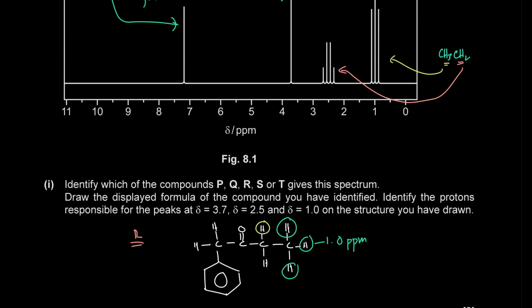The CH2 protons over here are being split into a quartet by the neighboring three, at around 2.5 parts per million. And then we have the CH2 singlet at 3.7 parts per million.